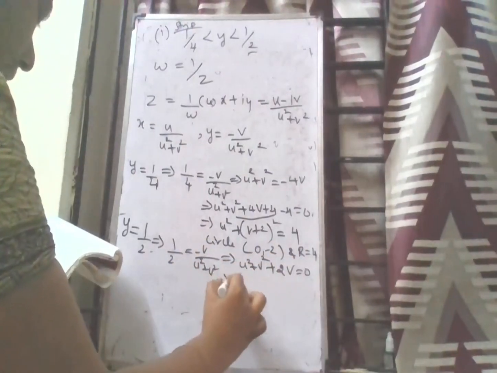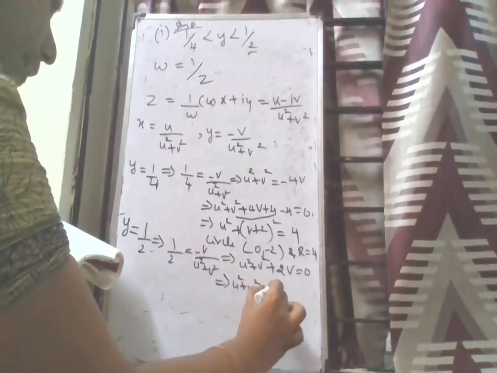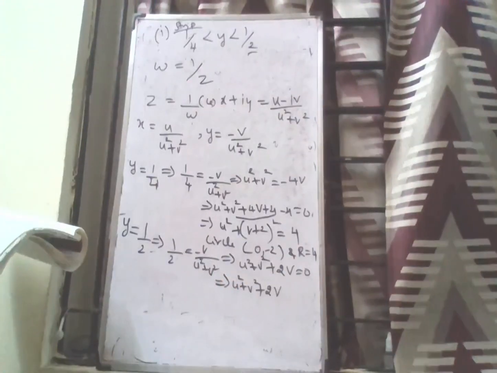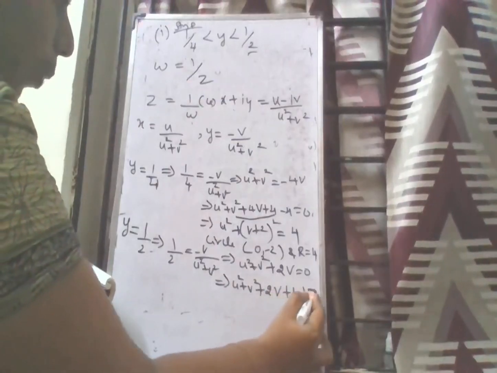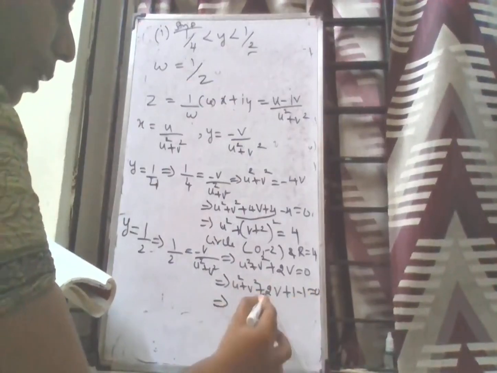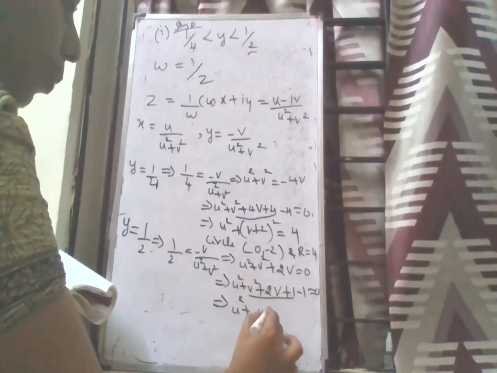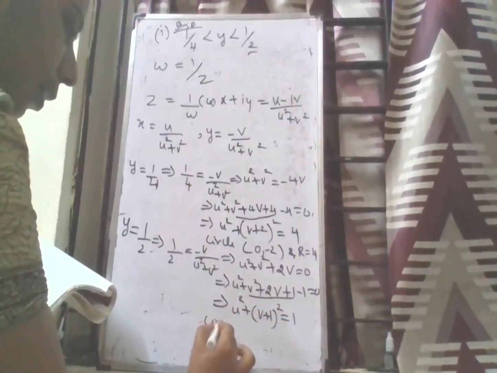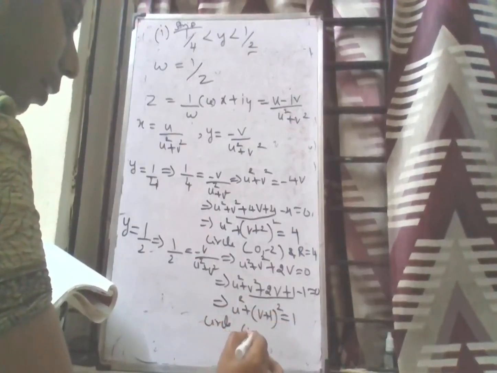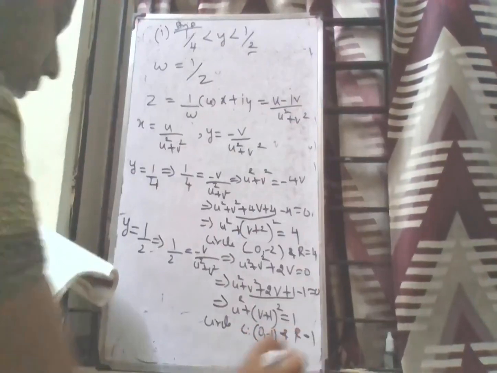Which one can we add here? 2v, 2 times v, so plus 1 minus 1 equal to 0. Can you tell me directly now? So u square plus v plus 1 the whole square is equal to 1, which represents a circle of center 0 comma minus 1 and radius equal to 1.